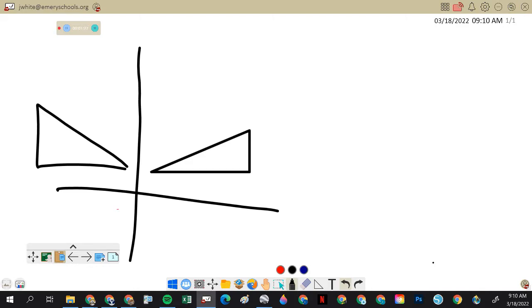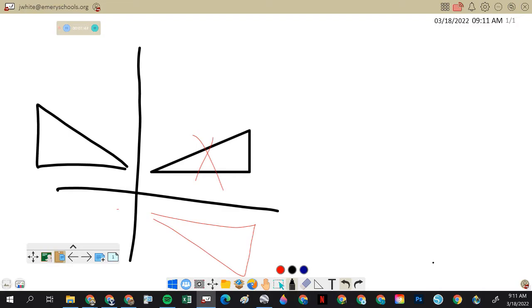So not only would it change orientation, but it's going to move. So imagine that you folded a piece of paper along the y-axis and you flipped it over, and when the ink hit the other side, it drew a new figure. So this would no longer exist. It would move to the other side. Or we could flip it across the x-axis, and that would be upside down, and it also moved.